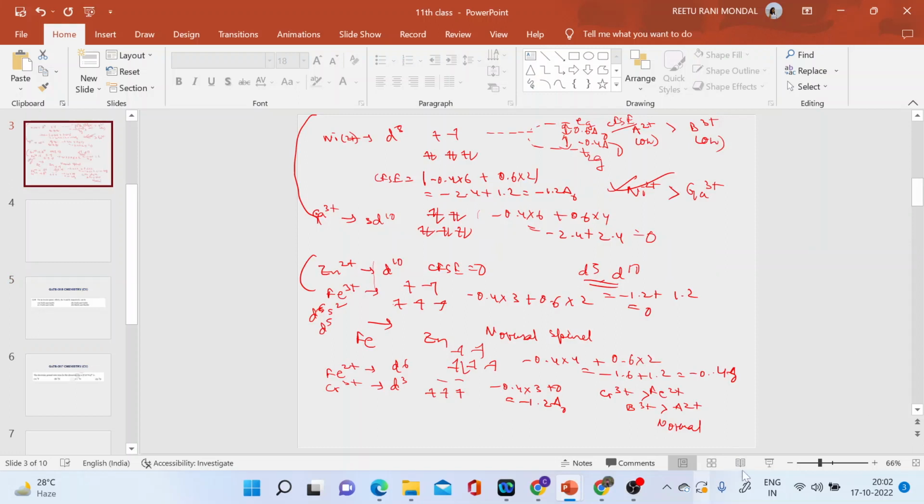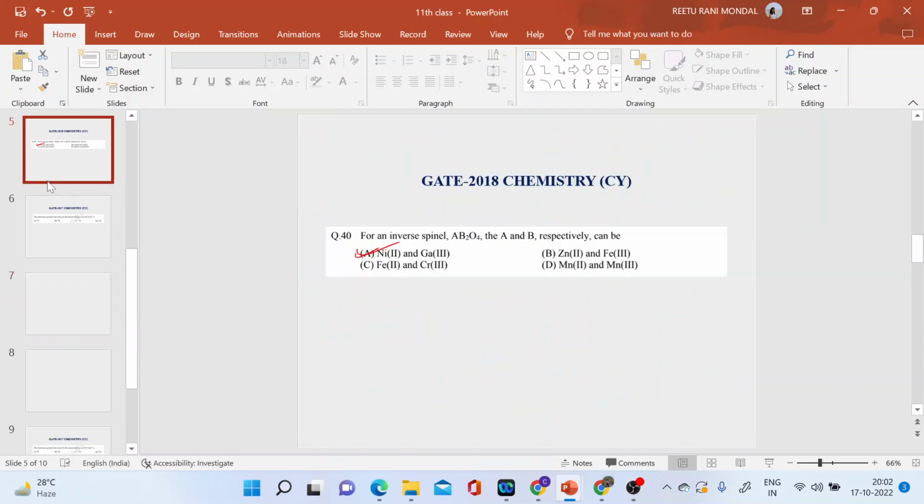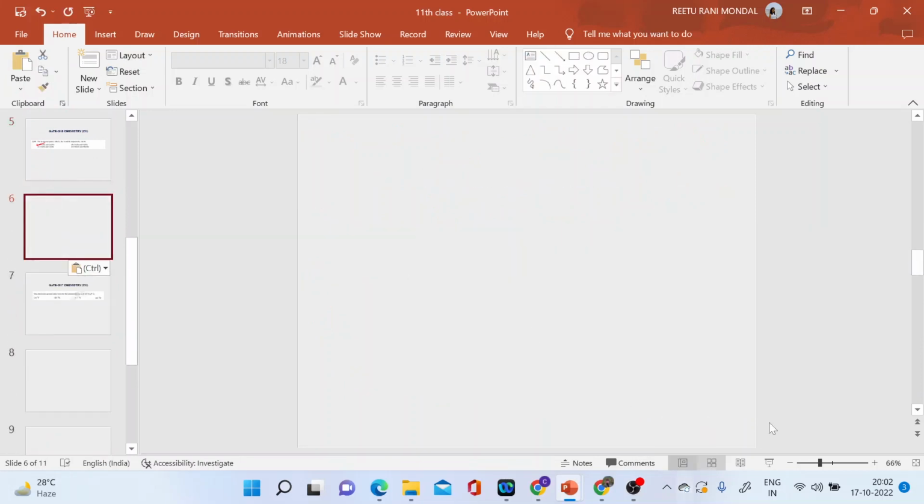Now about that question where we are having doubt. These are a few of the processes in organometallic chemistry. That rhodium question is a direct method for the synthesis of acetic acid from methanol.